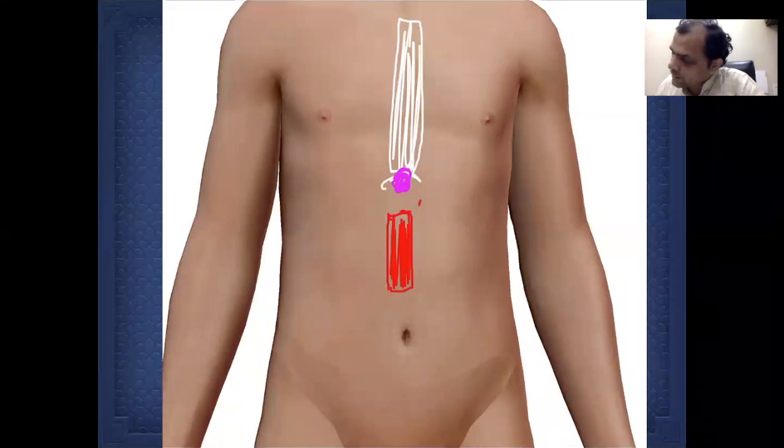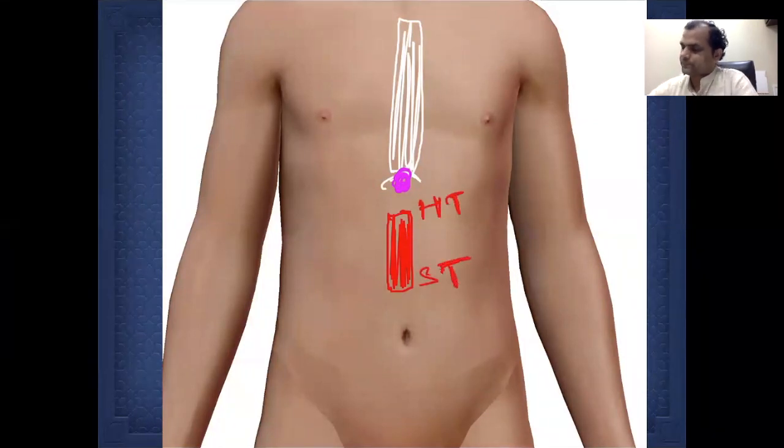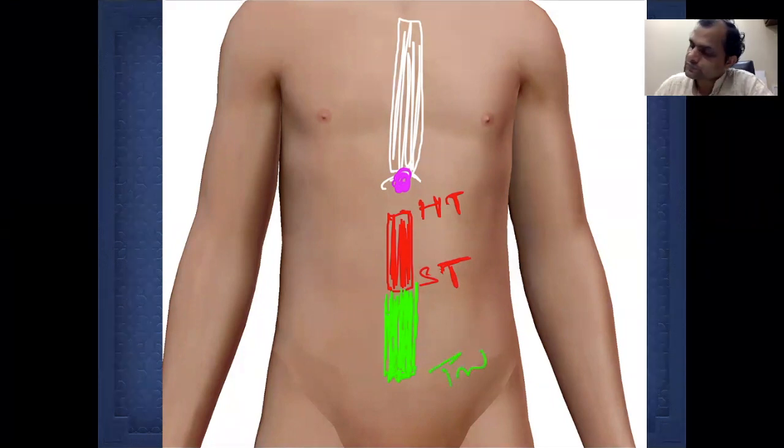The upper one is the heart and the lower one is the stomach. Now from the stomach till the triple burner circulation, it is area number 2.